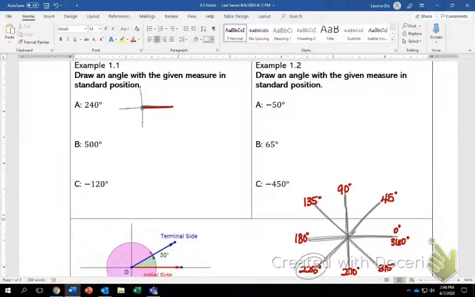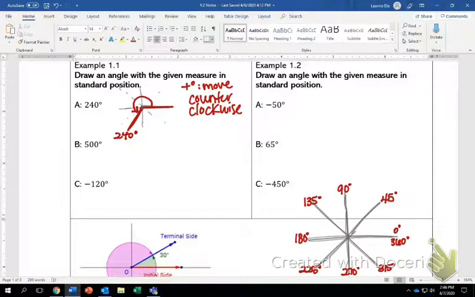So I'm going to separate this so that I know where each piece is, and I can easily see that my terminal side is going to be between the 225 and the 270. So I'll label this 240 degrees, and I'm going to draw a circle just to show which way I am moving. When you have a positive degree, you're going to move counterclockwise. Counterclockwise. All right?